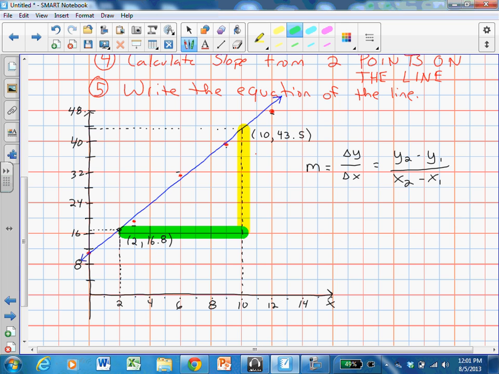So, our y2 was 43.5. Our y1 was 16.8. Our x2 was 10. Our x1 was 2.